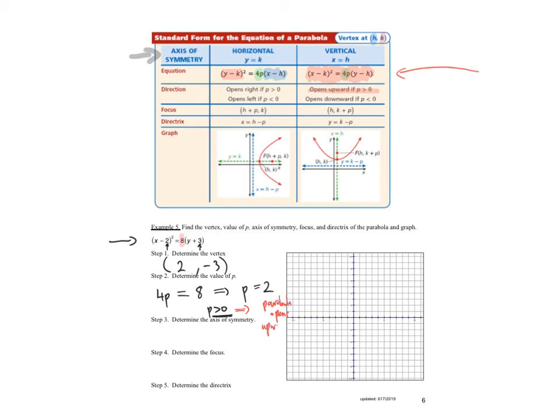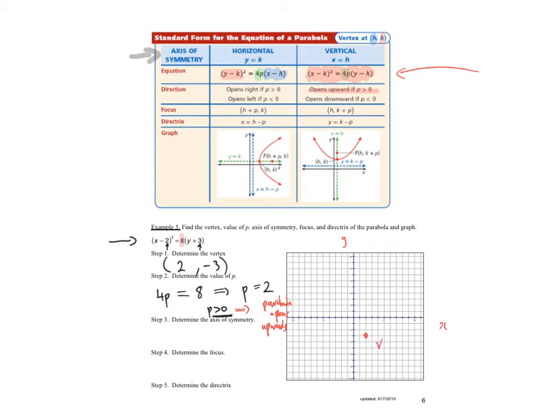So bit by bit, as we go step by step, we're learning more and more about what our parabola looks like. Let's start throwing down what we have. The vertex is at (2, -3). There is our vertex.